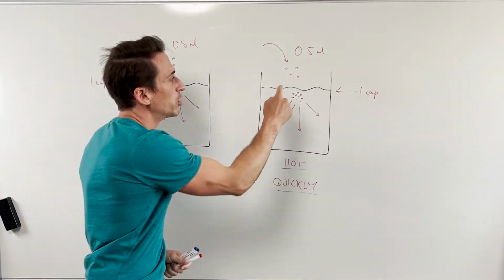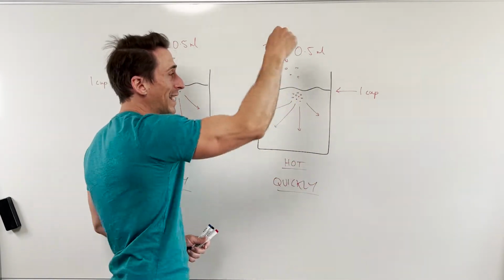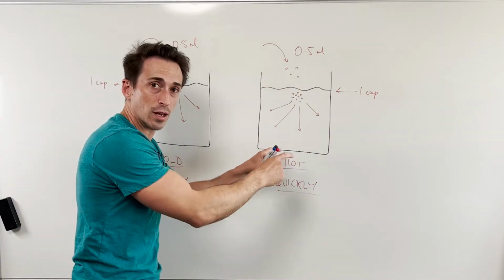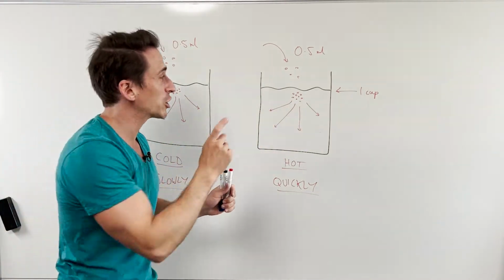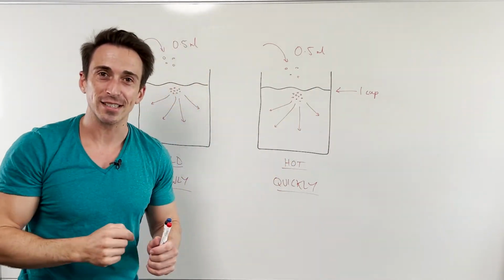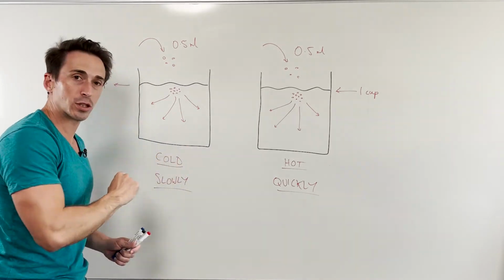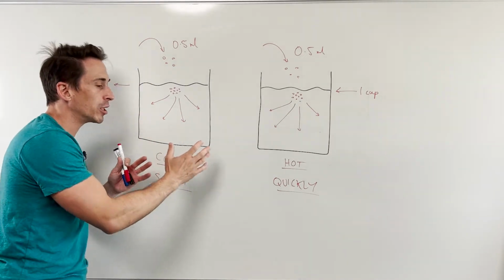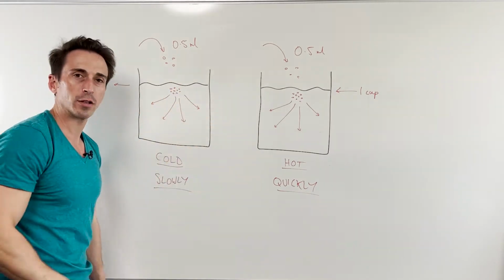Which means when you put the solute into the solvent and it's hot, everything's jiggling around really quickly, which is basically just like you shaking it up. So you're adding energy into the system. Adding energy means it diffuses far more quickly. Here, because it's cold, there's less energy. Things are moving more slowly, and so it takes a lot longer for those particles to diffuse.